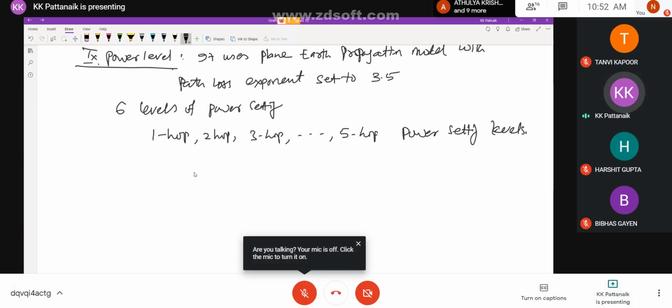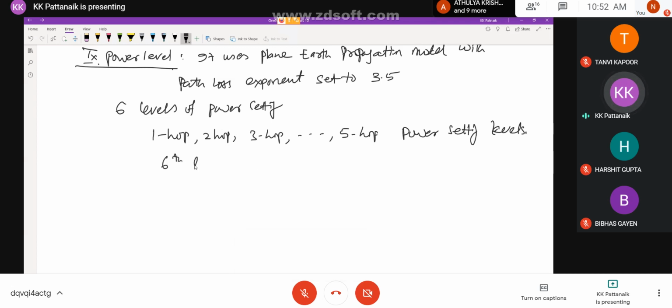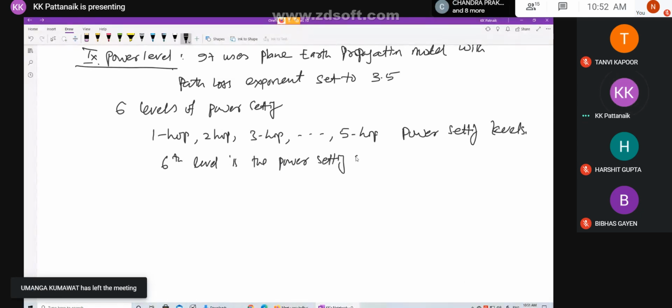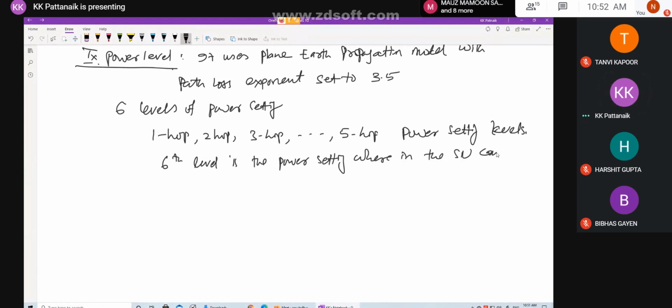And what is the 6th one? So the 6th level is the power setting wherein the sensor node can transmit directly to the sink node. We said here that a sensor node does not necessarily transmit to the sink node in one hop, right?